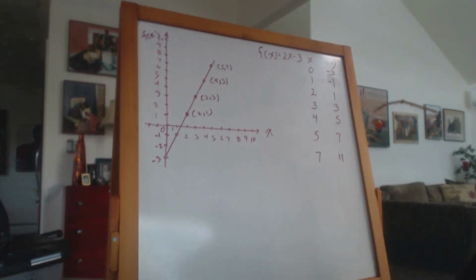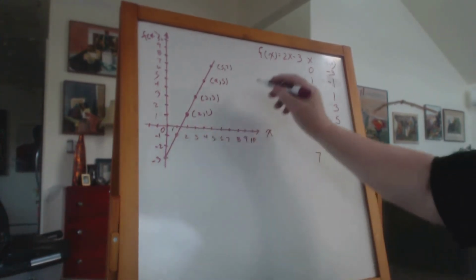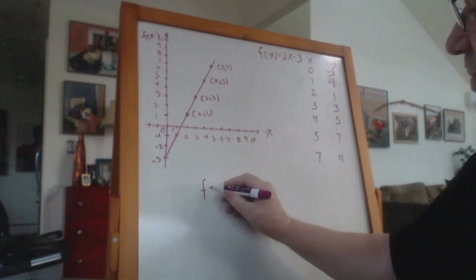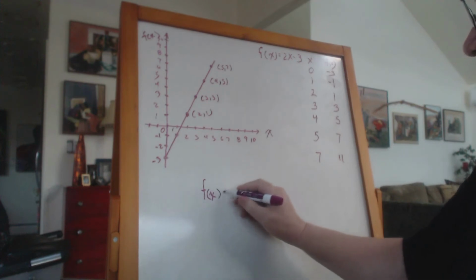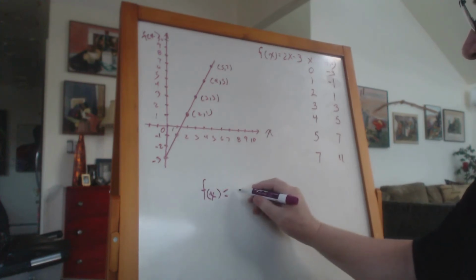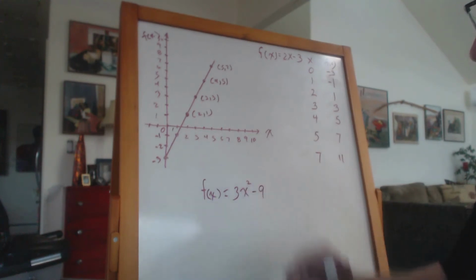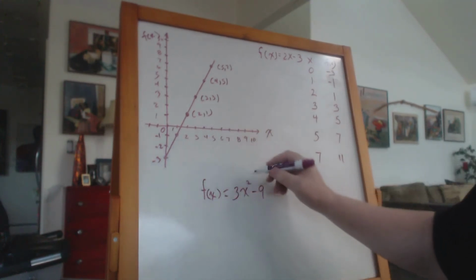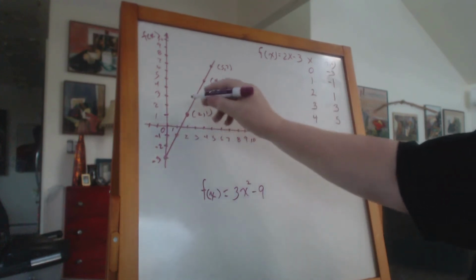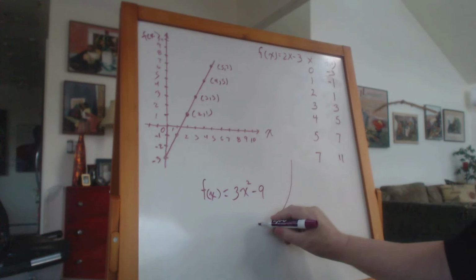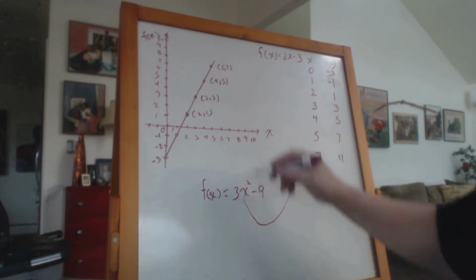So anyway, we have this f of x, or function of x, and it can be any kind of function of x. It could be 3x squared minus 9, and we could make a table and plot that, and we're going to see that it's going to be some kind of parabolic function like that.